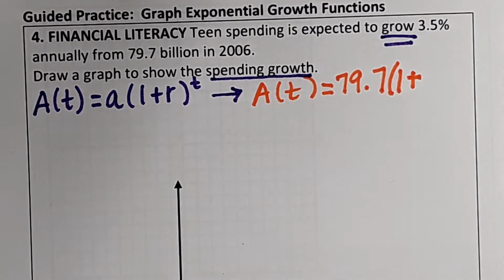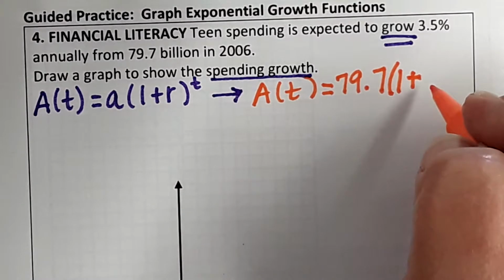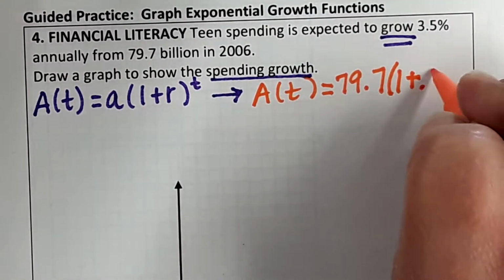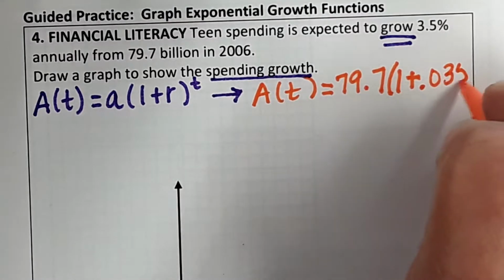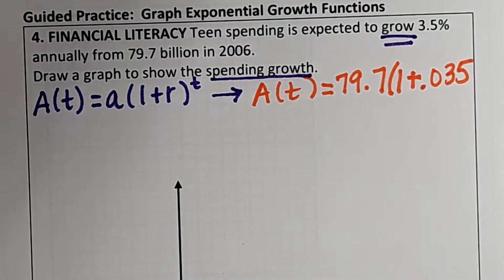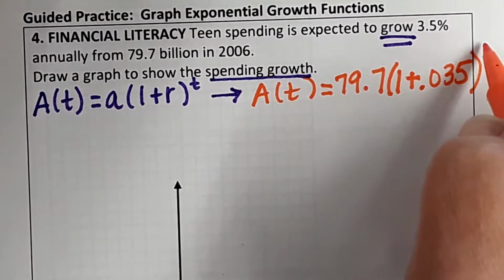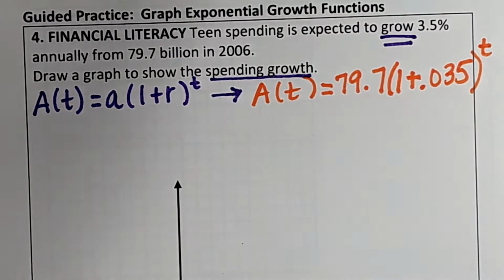So how do we write that as a decimal? .035. Remember to write it as a decimal, you move it 2 places to the left. And then t is our exponent. So that's our equation.